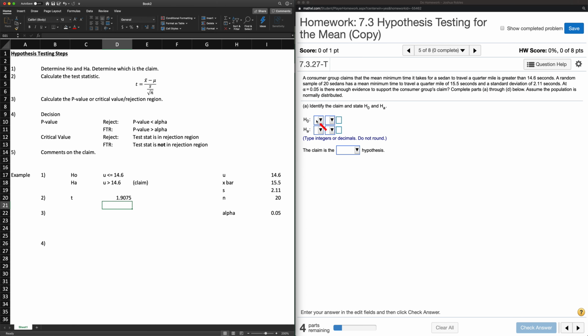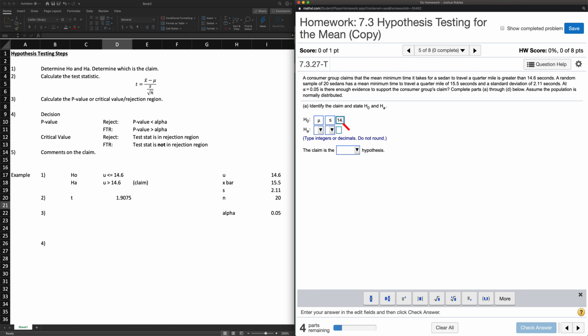All right, so let's go ahead and check our hypotheses and the claim, and we'll check our test statistic also. We are mentioning about means. Our null hypothesis, less than or equal to the 14.6 mentioned. Compare that to greater than is its complement.